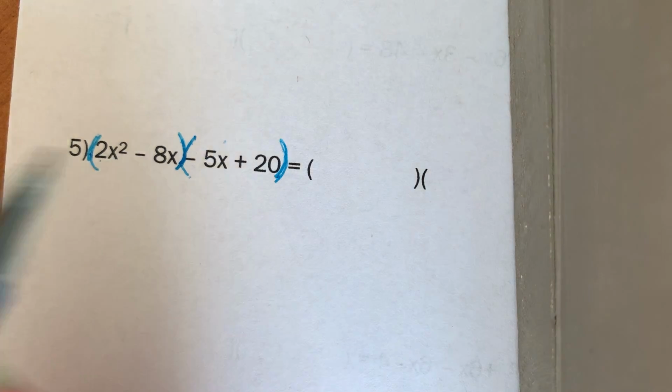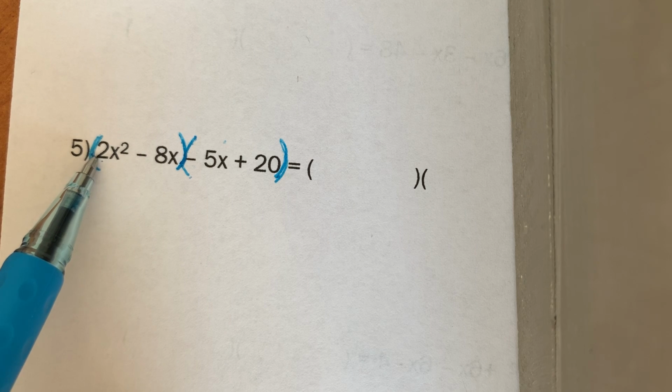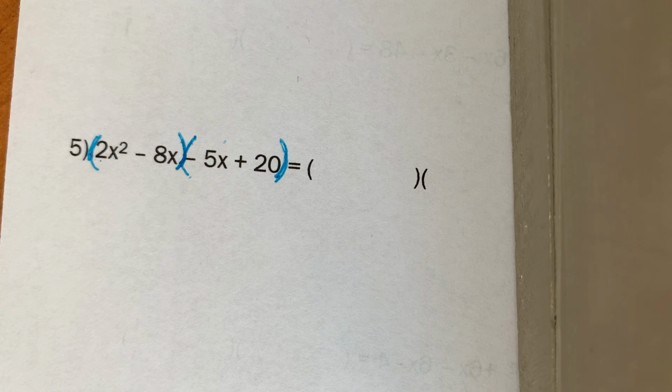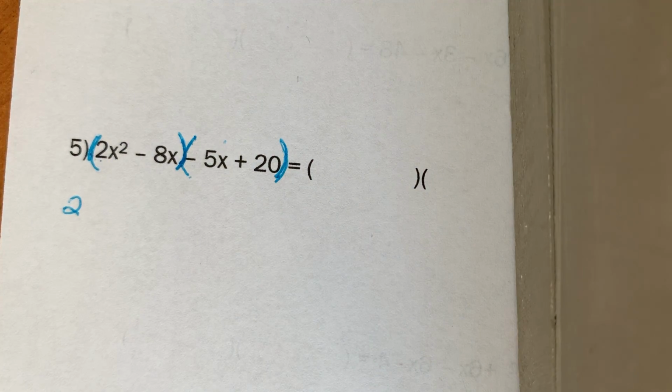So 2x squared and 8x squared. So figure out what those numbers have in common, 2 and 8. If you cannot remember what 2 and 8 have in common, you can always go to Desmos, type in GCF parentheses, and then type your numbers 2, 8. And Desmos will tell you that the greatest common factor of 2 and 8 is 2. So then you need to check the x's.